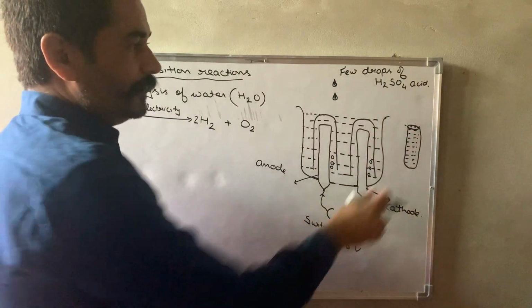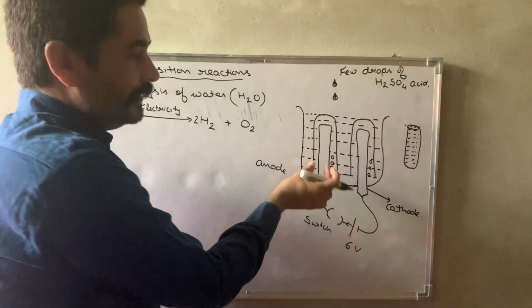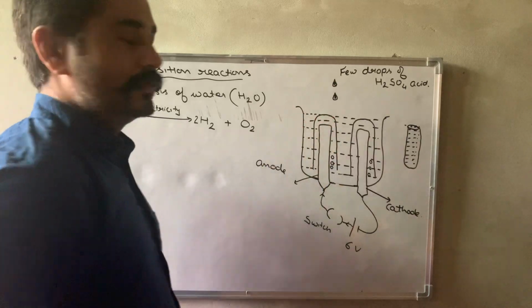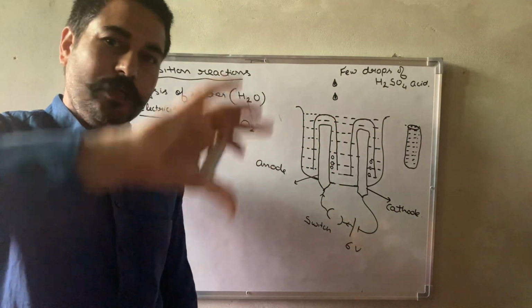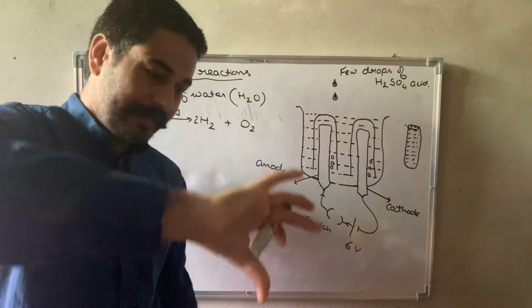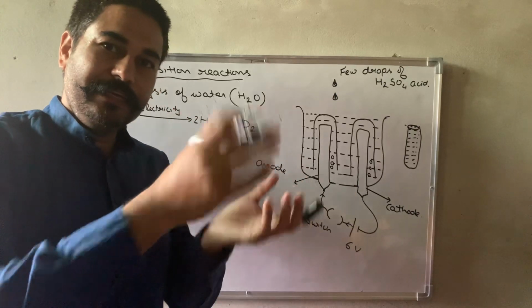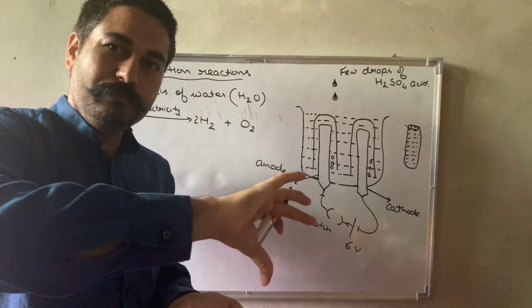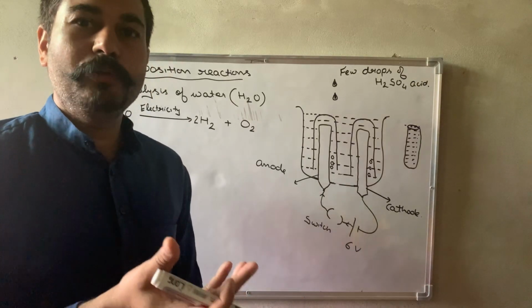So why have I filled these with water previously? Because if I do not fill them with water and try to invert them over the cathode, you will see that gas will get trapped. Like you must have observed, if I invert a mug into a bucket, gas is trapped in the mug and buoyant forces act. If you leave that mug in the bucket, it will come out of the water because of the buoyant force.